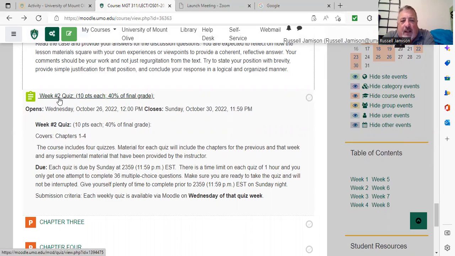The quiz will open at noon on Wednesday of that even week. That's when I'll have it written, and I'll post the questions. It will close at 23:59 on Sunday night. So if I tell you it takes about an hour, and it will, then you don't want to do it at 10 minutes to midnight on Sunday night, because you're not going to make it.